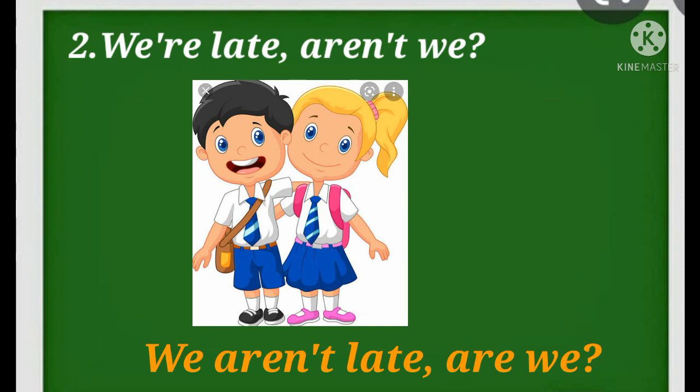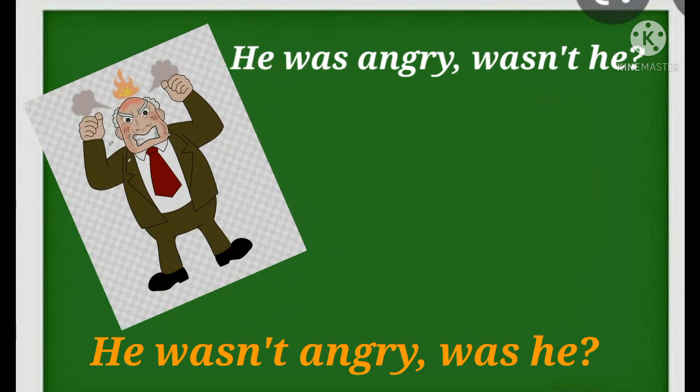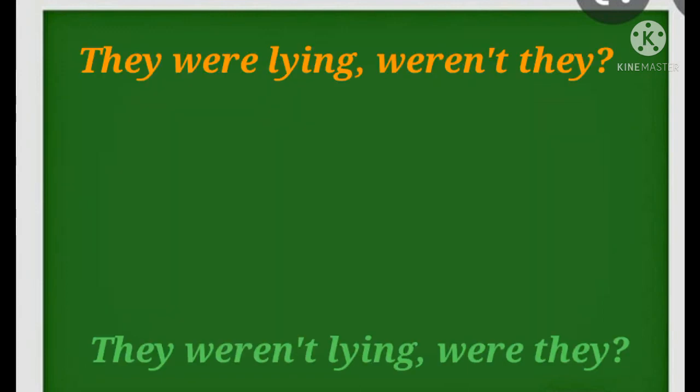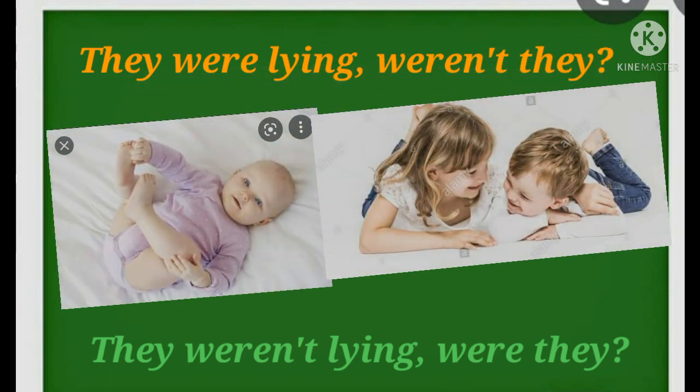We aren't late, are we? He was hungry, wasn't he? He wasn't angry, was he? And the last example in this group, they were lying, weren't they? They weren't lying, were they?